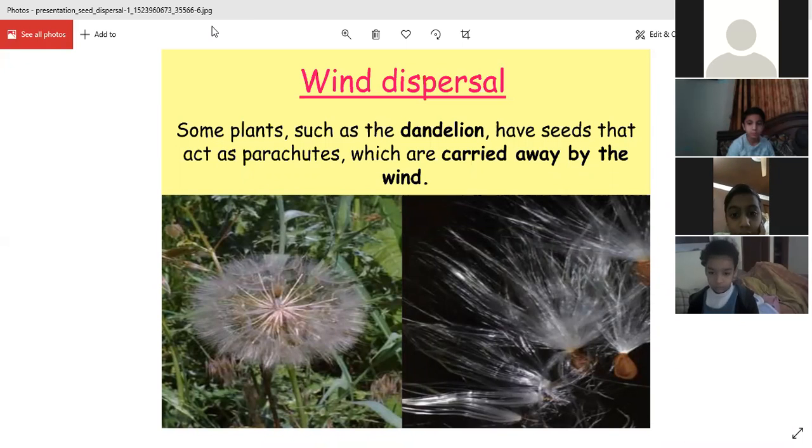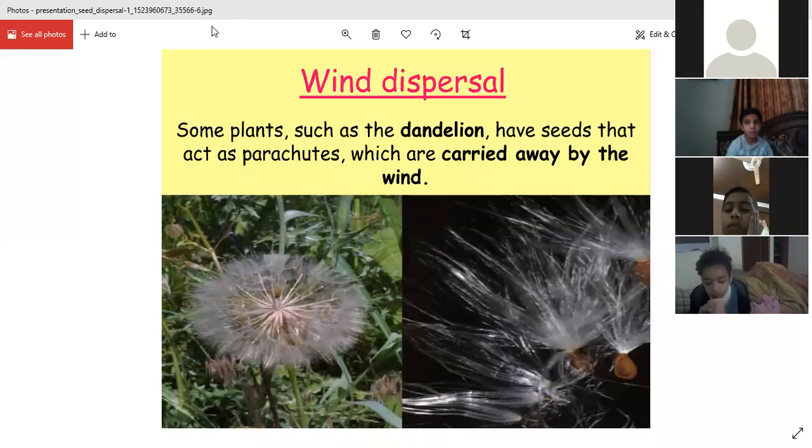Similarly, if you go to the garden, once the wind is very rapid and harsh, you might have seen that the petals of the flowers also go into the wind. आपने देखा होगा जब कभी बहुत तेज हवा चलती है तो फ्लावर के पेटल्स भी हवा में यहाँ से वहां चले जाते हैं. So this process of flower petals flying in the wind is known as wind dispersal.